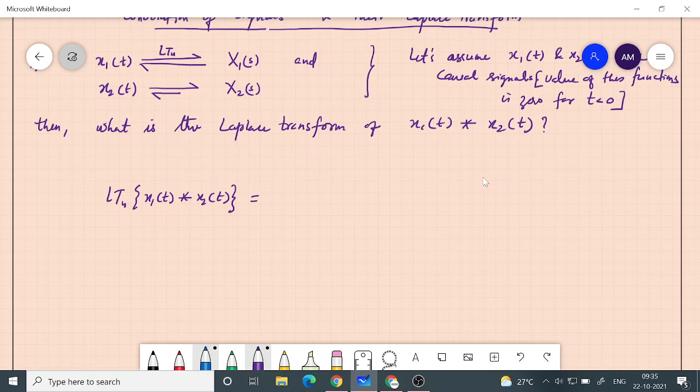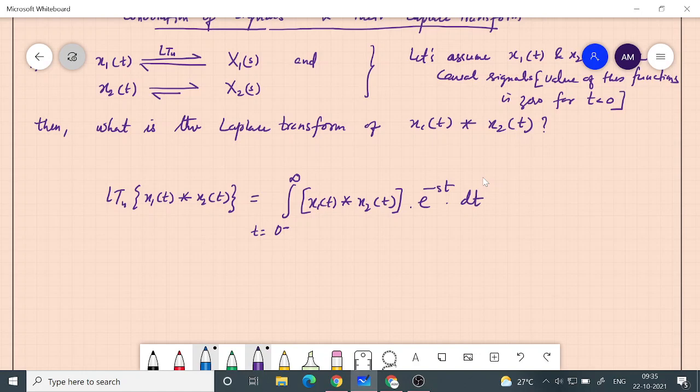If you do this, then the Laplace transform formula is the integral with t going from 0 minus to infinity of x1 of t convolution x2 of t into e raised to minus st dt. So this is the formula.